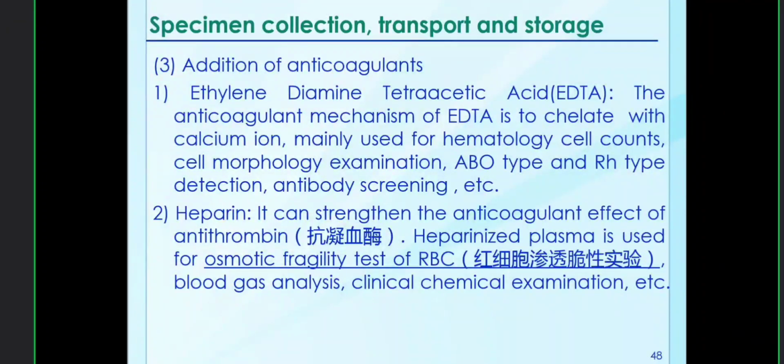The anticoagulant mechanism of EDTA is to chelate with calcium ions. It is mainly used for hematology cell count, cell morphology examination, ABO type and RH type detection, antibody screening, etc. Second is heparin. It can strengthen the anticoagulant effect of antithrombin. Heparinized plasma is used for the osmotic fragility test of the RBC, blood gas analysis, clinical chemical examination, etc.